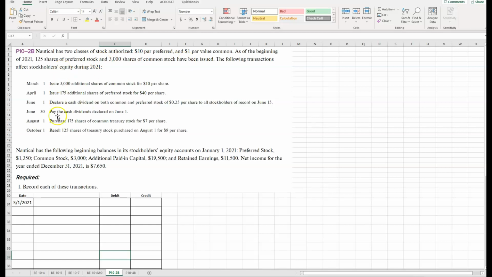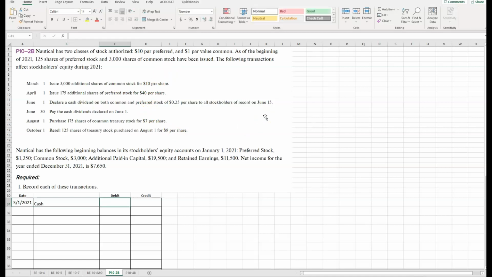And then they have these transactions in 2021. The most common mistake students make is they forget the beginning balances. So on March 1st, they issue 3,000 additional shares of common stock for cash at $10 per share.